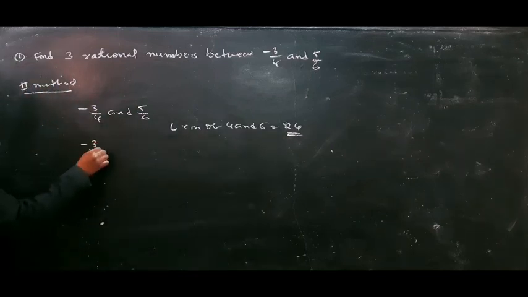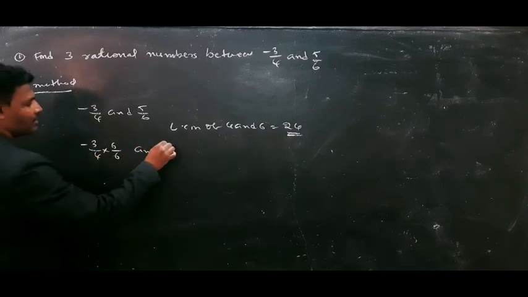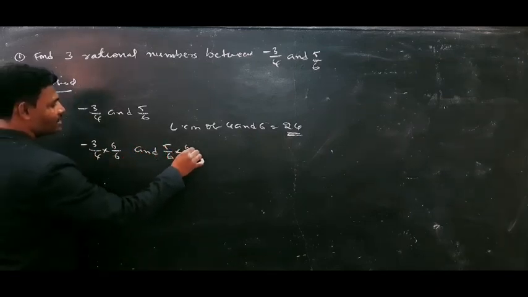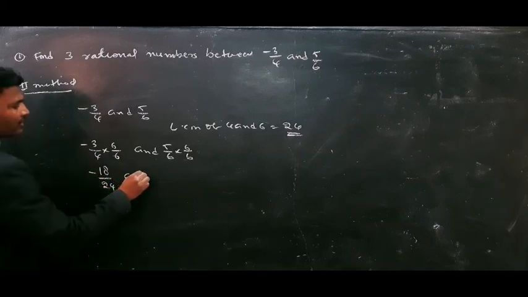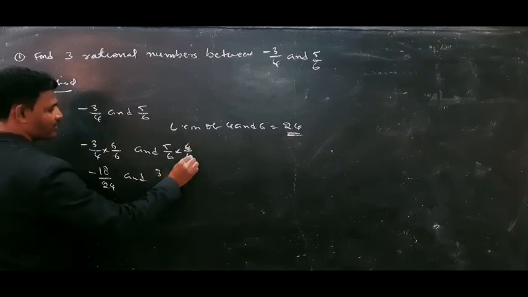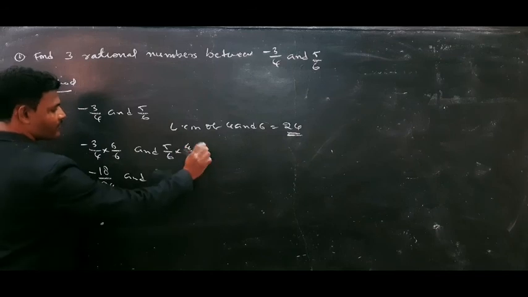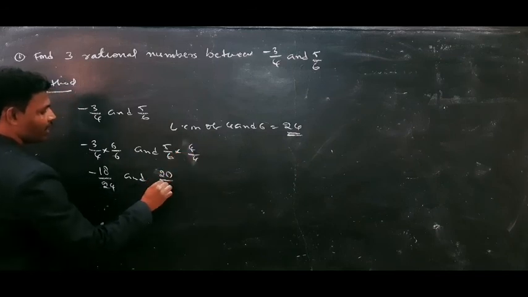Then minus 3 by 4 into 6 by 6 and 5 by 6 into 4 by 4. Minus 3 6s are 18 by 24 and 5 4s are 20 by 24.